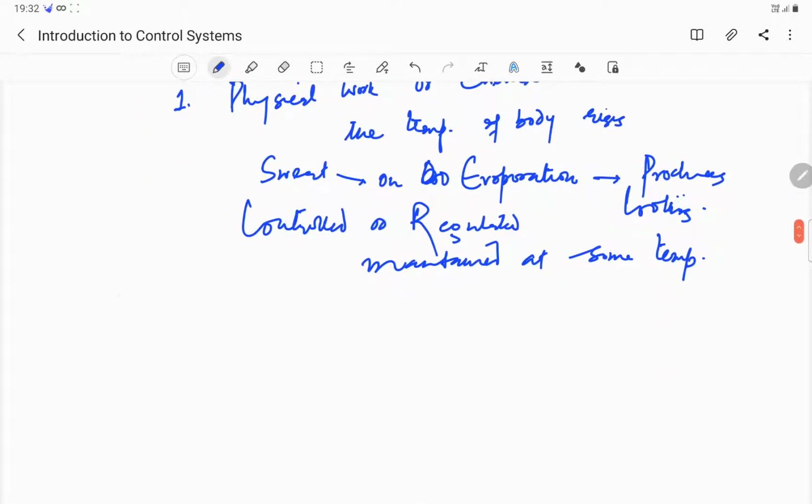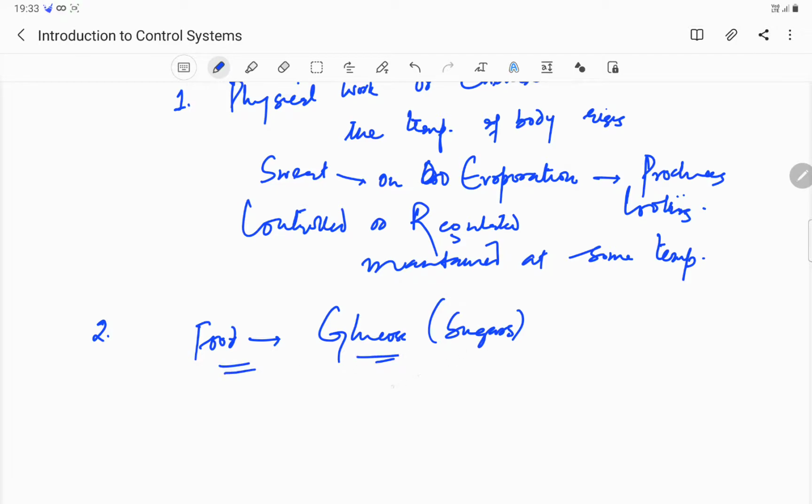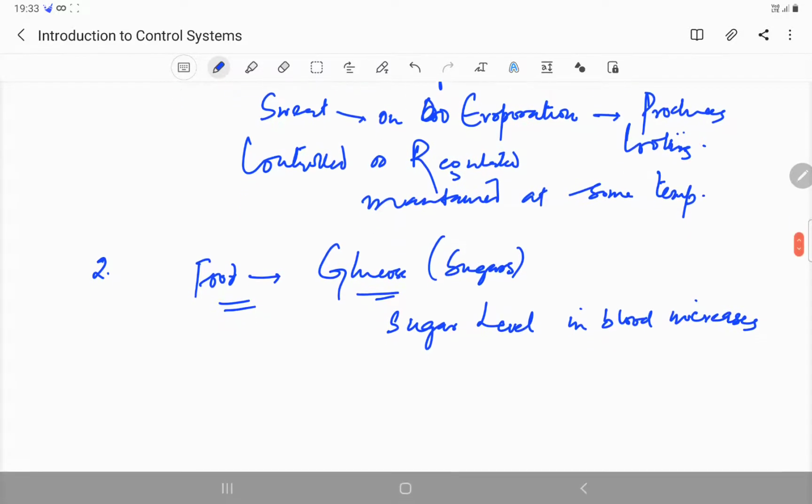Another example can be, for example, after eating food, the food gets converted into glucose or sugars. So when this food gets converted into glucose, the sugar level in blood increases, which is not good for health.